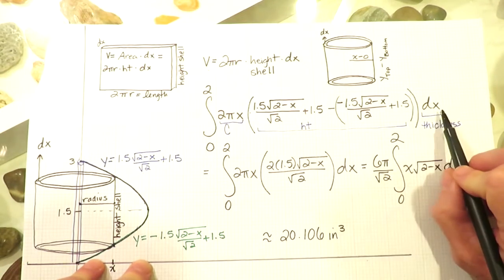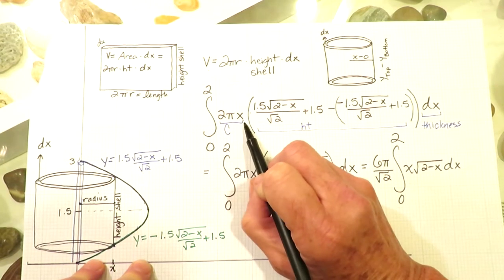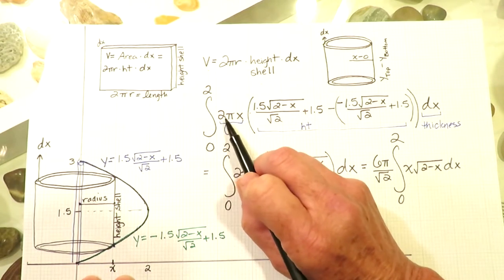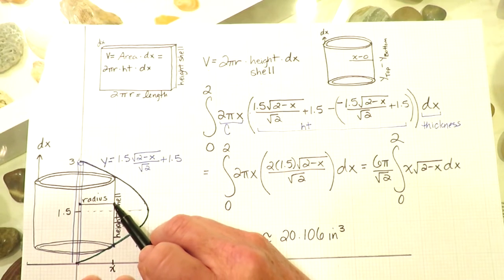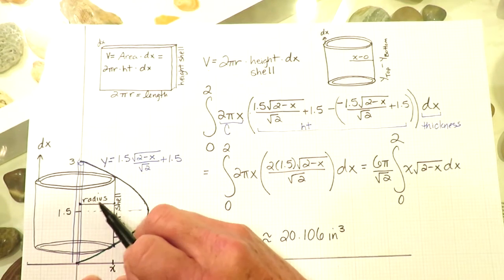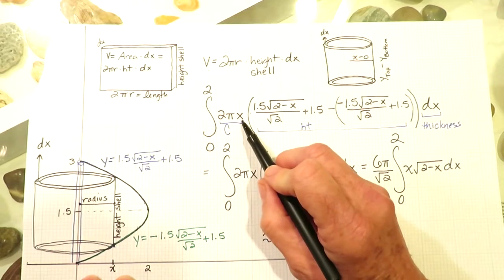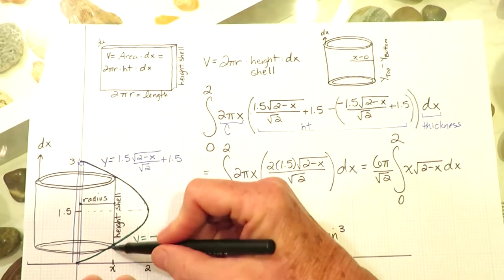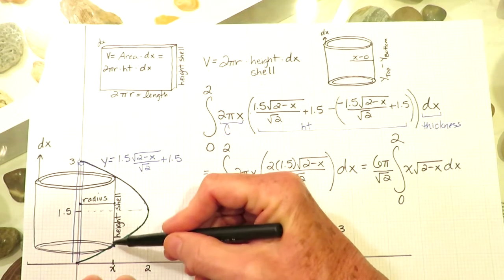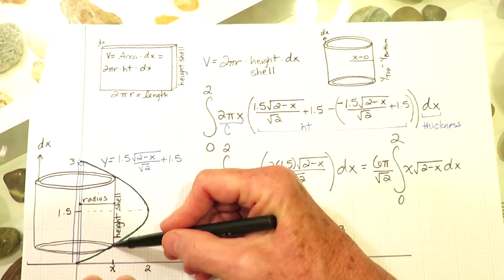So double check that you've written down exactly what you're trying to find. We're trying to find the volume of a shell. This is the circumference of the shell, 2 times pi times radius, and my radius is the difference between x and 0, so x minus 0 is x. And then the height of the shell is the difference between upper y and lower y.